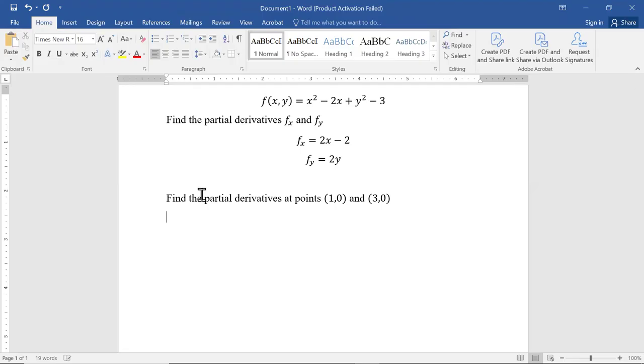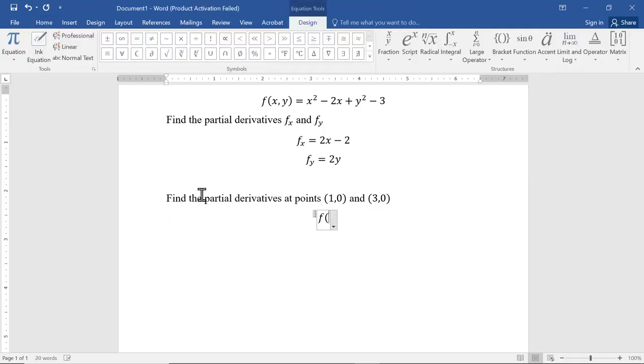So those are my two derivatives. F sub x is equal to 2x minus 2. F sub y is equal to 2y. Now, I want you to notice this. Let's plug in (1, 0) into my function. 1 in for x, 0 in for y. 1 squared minus 2 times 1 plus 0 squared minus 3 becomes a negative 4.